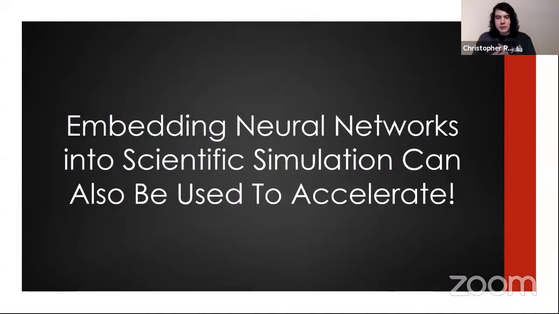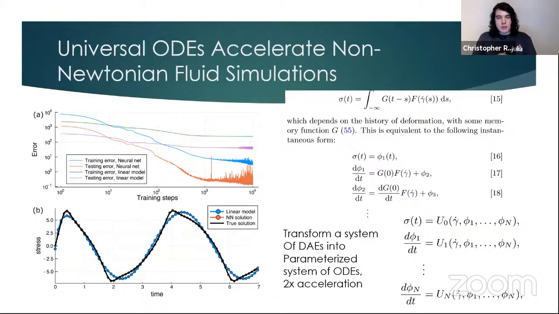Other things that you can do with this methodology is embed neural networks into scientific simulation in order to accelerate the scientific simulators. For example, in non-Newtonian fluid simulations, you have these systems of differential algebraic equations. What we can do is find a system of ordinary differential equations that is parameterized on the physical components, and then figure out what ODEs we should be writing down that would approximately be these differential algebraic equations.